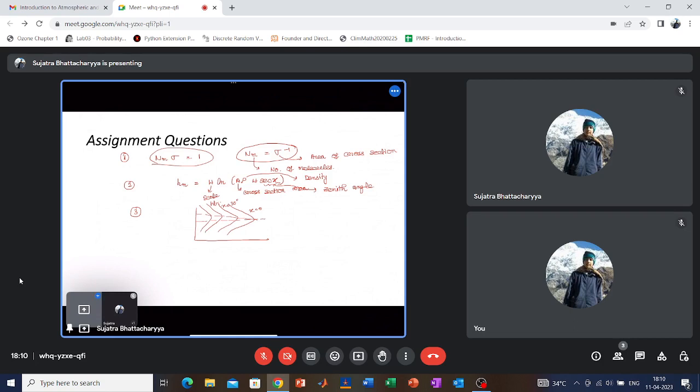Therefore, as chi decreases, you can see that the Hm also decreases, and the vice versa is also true.